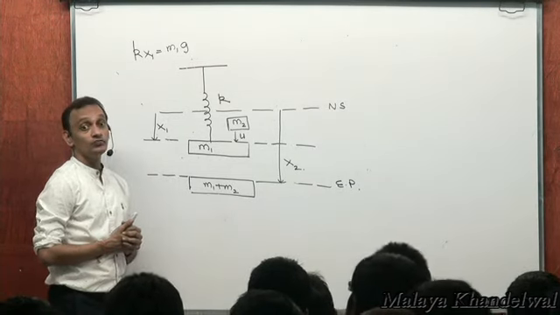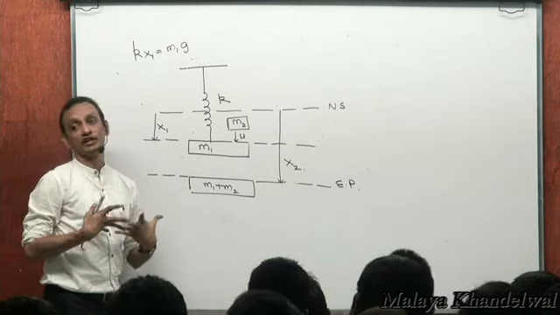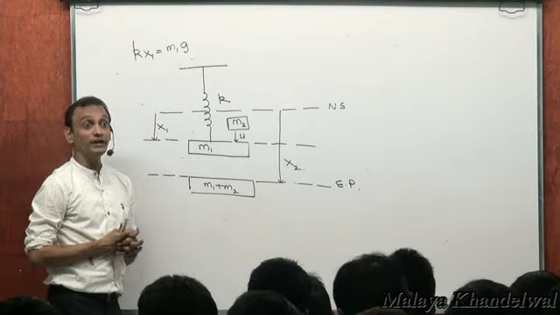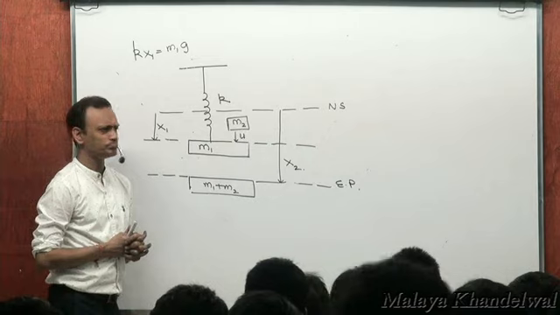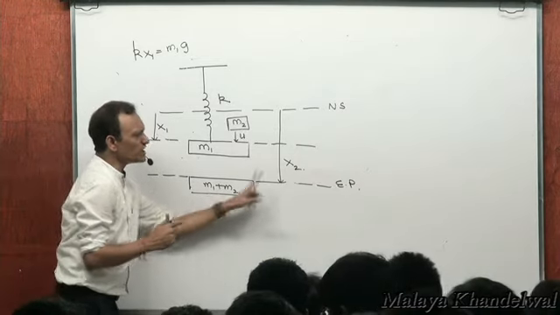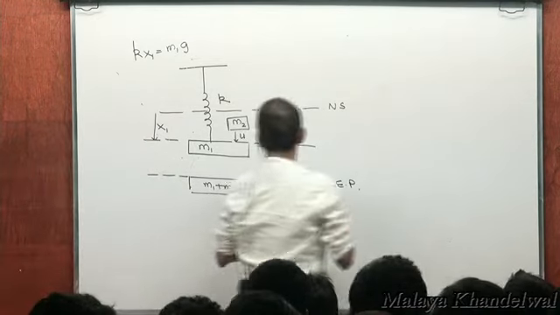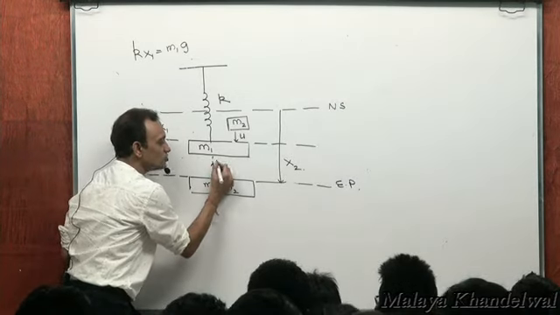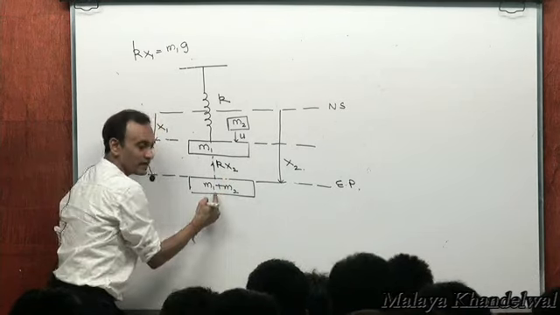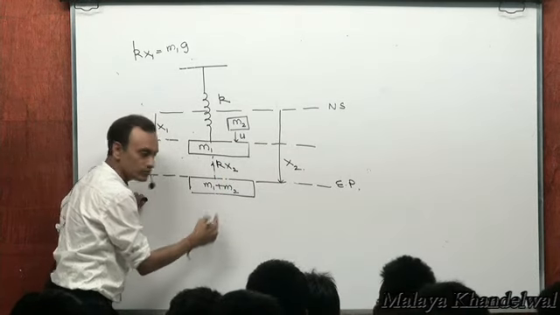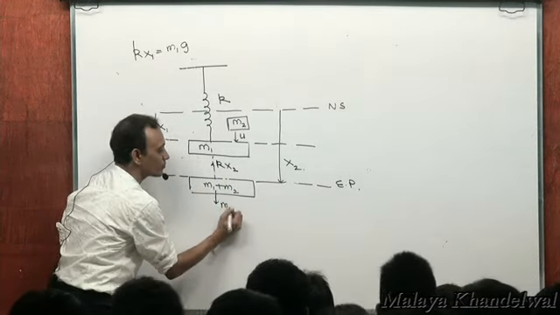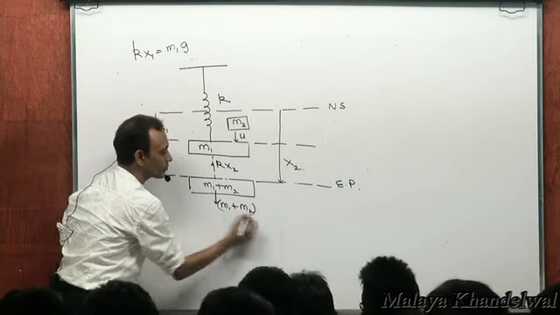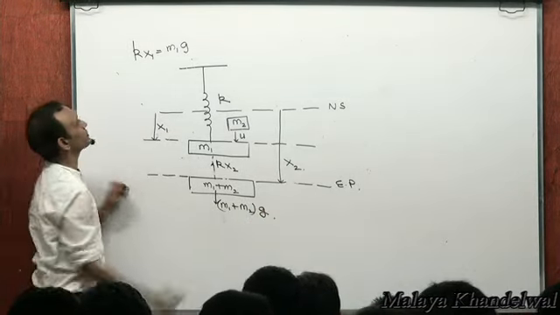I want to find the total energy of this oscillator. I want to find the total energy of oscillation. This is the equilibrium position, which means what must kx2 be equal to? Spring force kx2 must be m1 plus m2 into g, isn't it? This is the new equilibrium position.